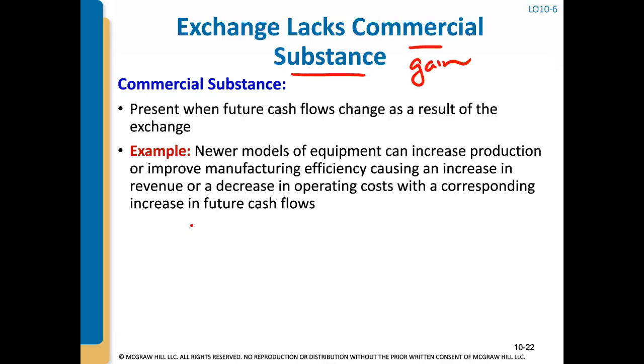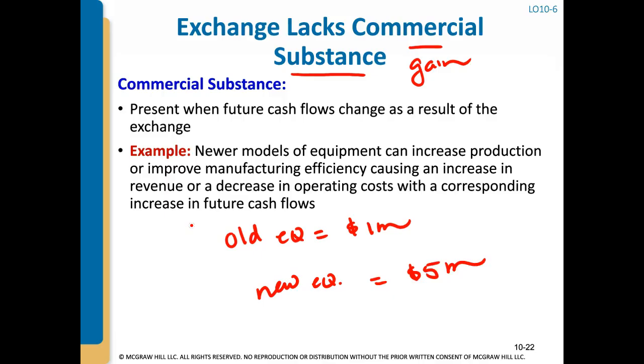So imagine that we have an old asset, an old equipment, and it's worth $1 million. And we receive new equipment, and that's equal to $5 million. And the way we would record that, right, and let's just say there's no cash involved, we would credit the old equipment for $1 million, and then we would debit the new equipment for $5 million, right?